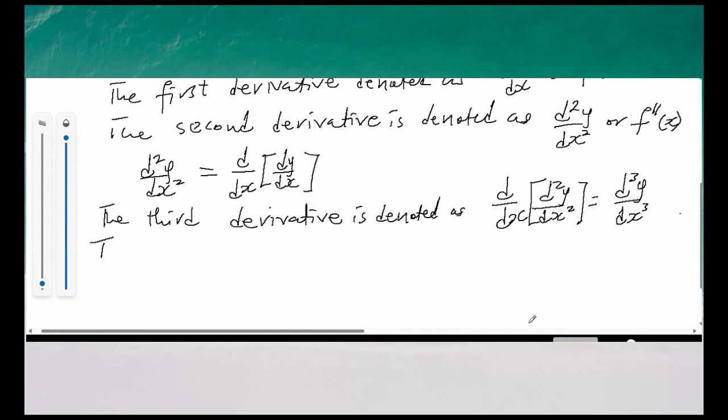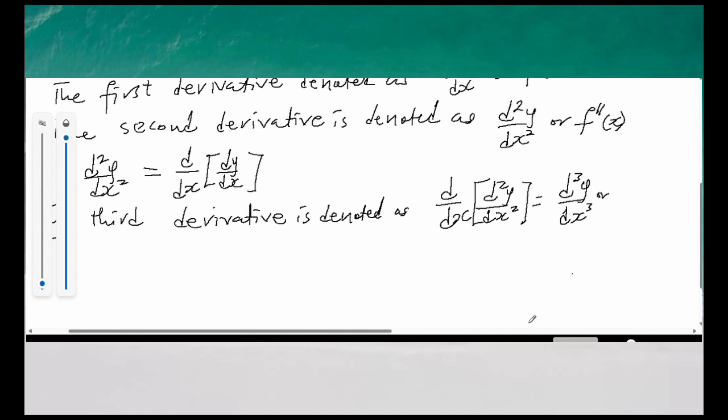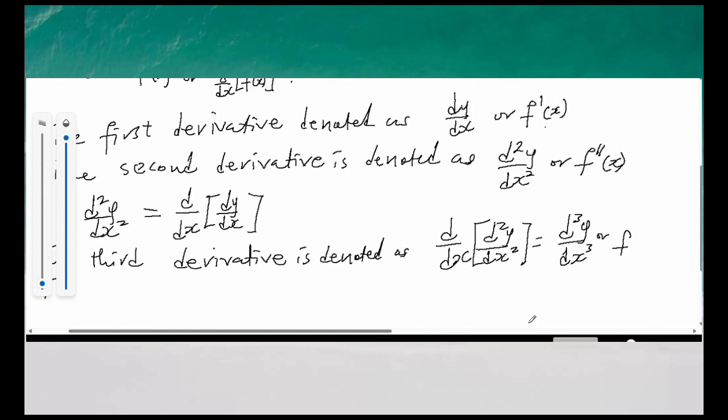Now the third derivative, it could be written as this, or probably like this, f. So the second one, let's look at the first derivative. The first derivative, when we are having the function f of x with respect to x, is having one prime, right?